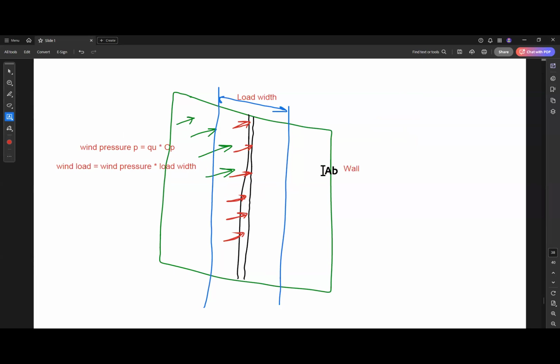So this is the wall, and this is the column. Our final job is to find the distributed load over the column and over the beam. So the first step, you will find the pressure, then multiply the pressure by the load width to find the load as uniform load.